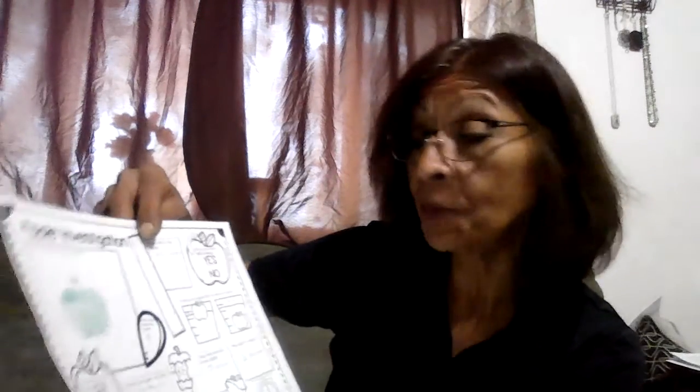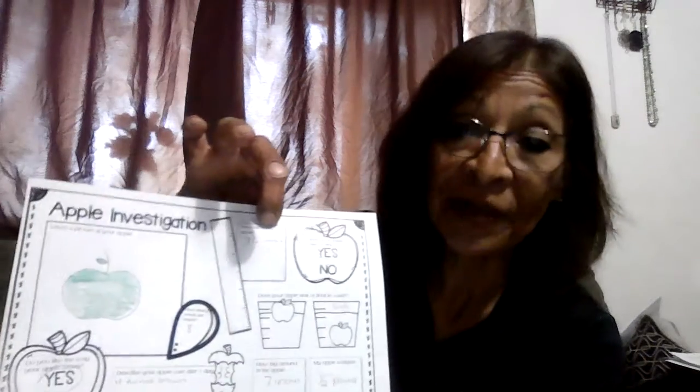And so an inch is about that big. You do have a little ruler, so that is how big an inch is. So if you needed to, you could even put your apple up against this. On this little ruler, there are 1, 2, 3, 4, 5, 6 inches. So you could measure up to a 6-inch apple. That's a pretty big apple. So I wrote that my apple was 3.5 inches tall.